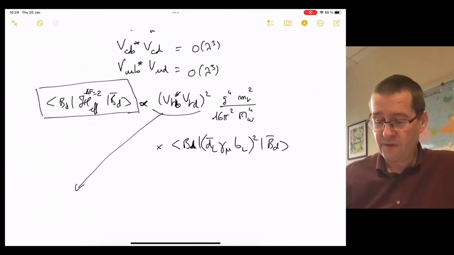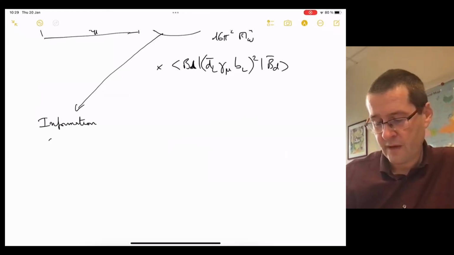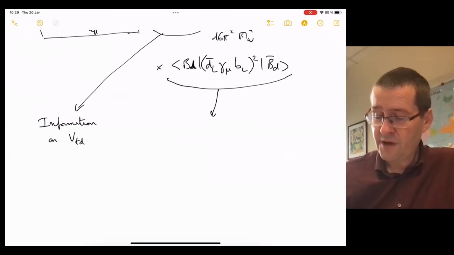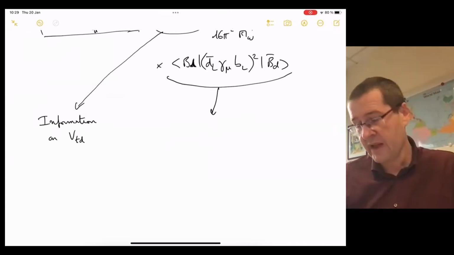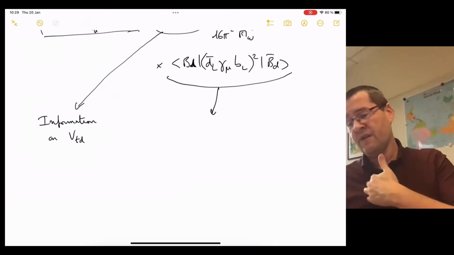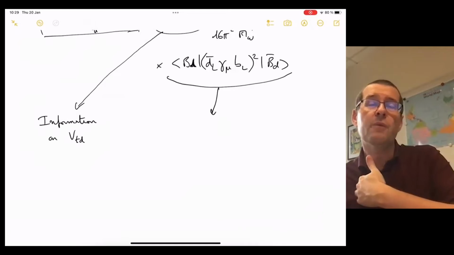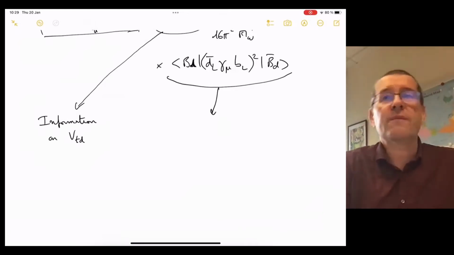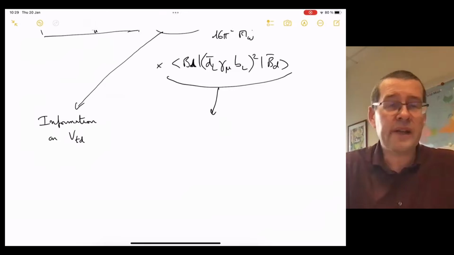Then, if you measure this, you've got in principle information on V_td here, as long as you have information on this matrix element, which contains all the hadronic information. And the good point is that the amount of difficulty that you have to compute this object is at least similar to what we had for form factors, because you have, once again, a single hadron incoming and outgoing.